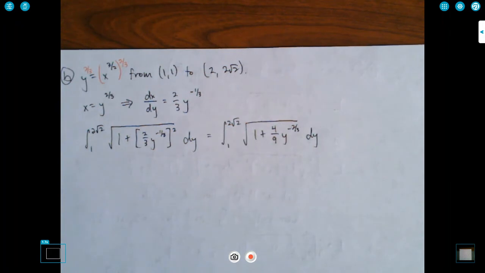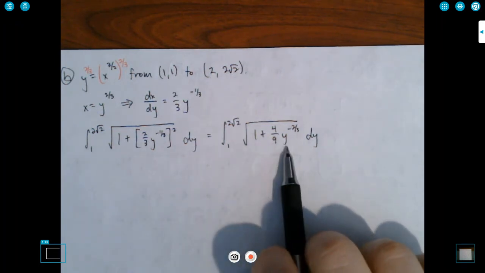Okay, how in the world do I integrate that? If I do a u substitution, I'm just going to make things worse, right?